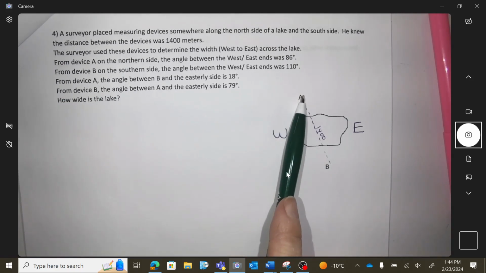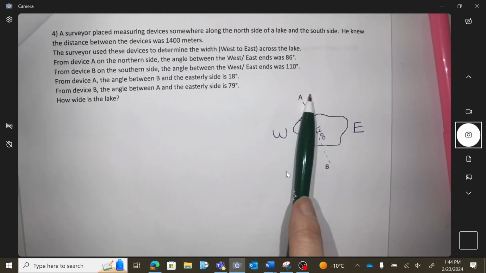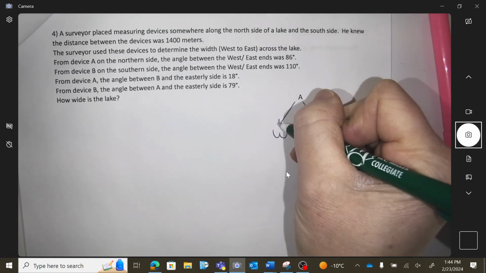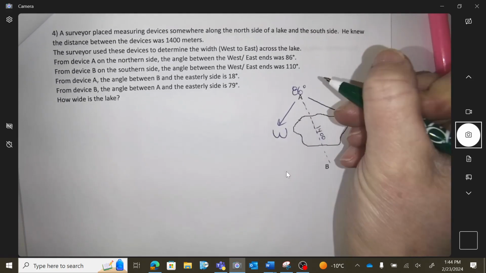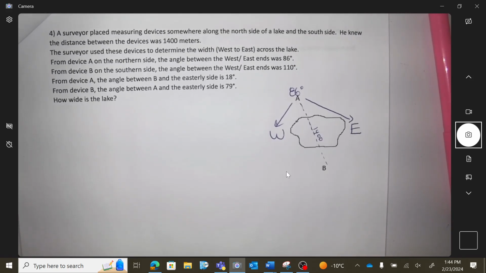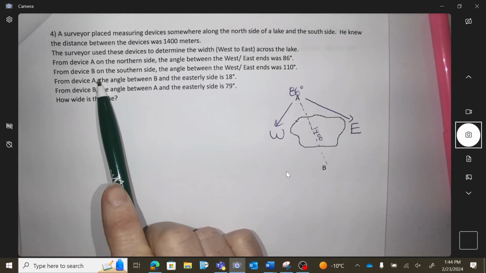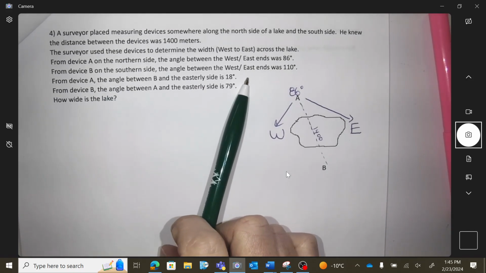From device A on the north, the angle between the west and east ends is 86 degrees. I'm just going to put it at the top like that. That whole angle is 86. From device B, the angle between the ends is 110.